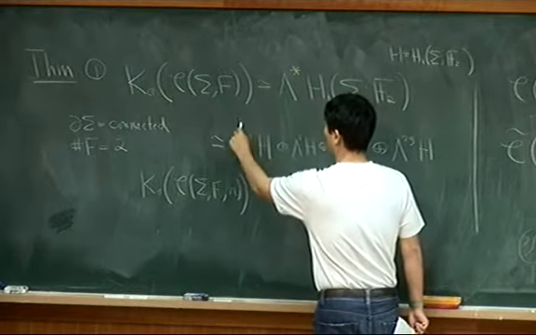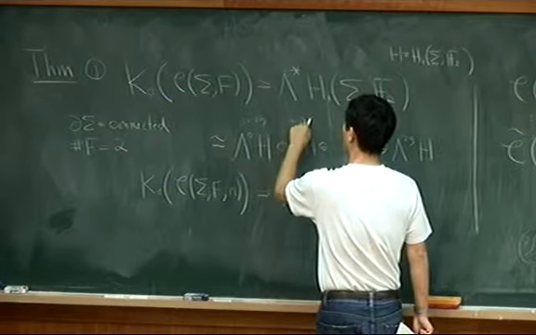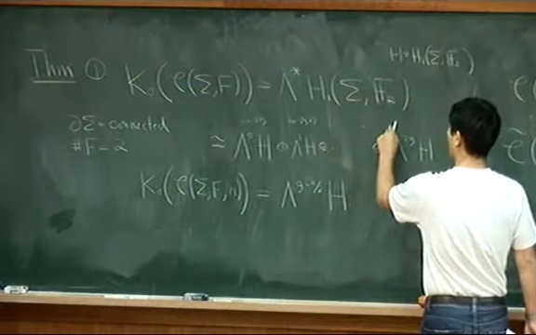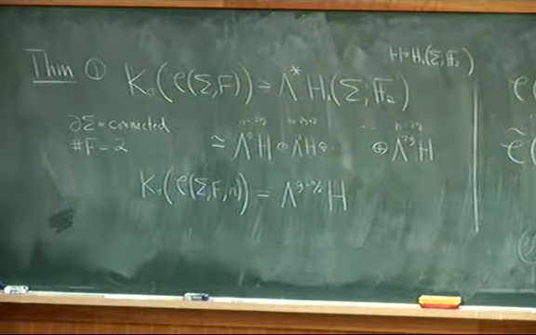So this is n equals minus 2g, then n equals minus 2g plus 2, and dot dot dot, and then you eventually get to n equals 2g. So that's the kind of correspondence that you get.